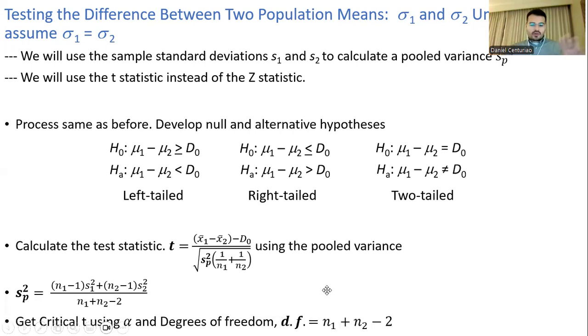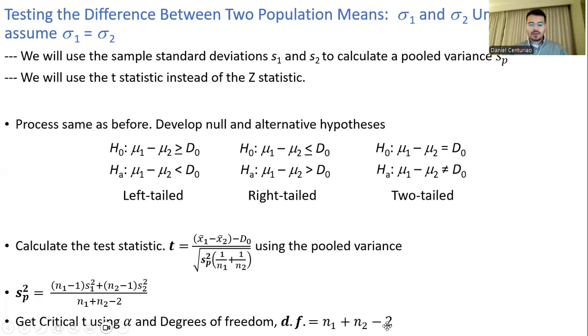I already presented this. Here we need to make the assumption that I told you about in the last minutes of the class. If we assume that the standard deviation of the sample is equal to the standard deviation of the population, we can use the degrees of freedom formula at the end of this slide.